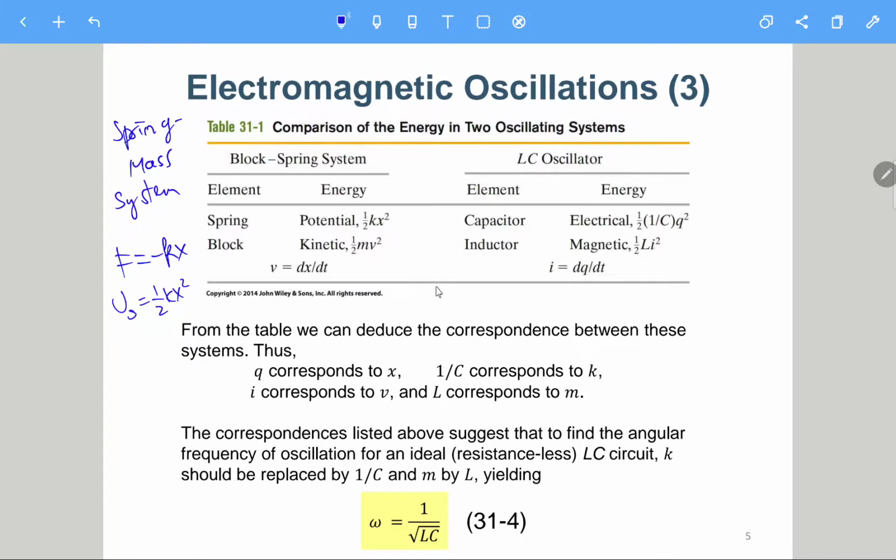Compared with the LC oscillator, the capacitor is analogous to the spring.